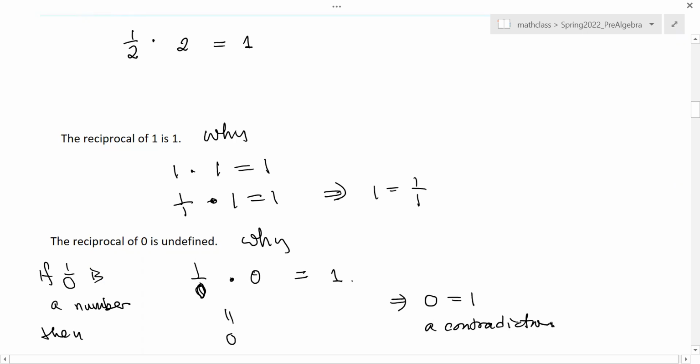So in mathematics, we have this method called proof by contradiction. You assume this is not true. Then, based on that, you give an argument. Then you get some statement which is obviously wrong, like 0 equals 1.